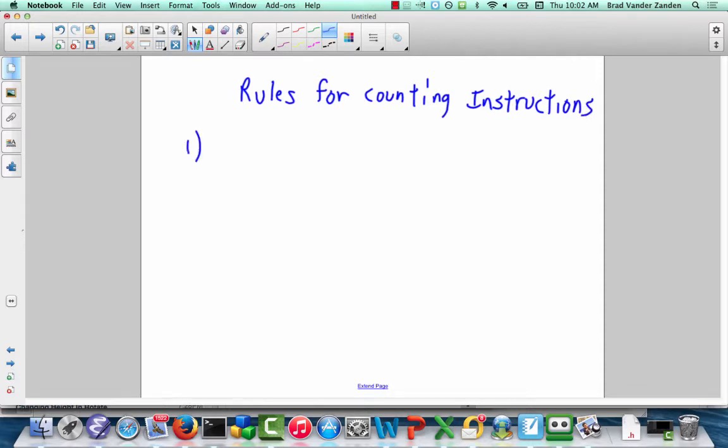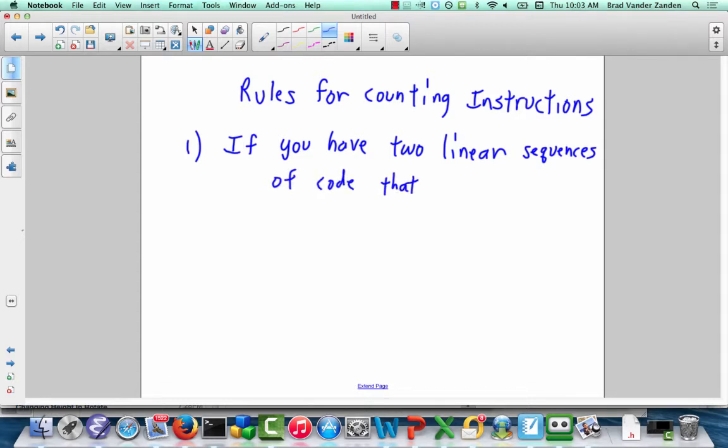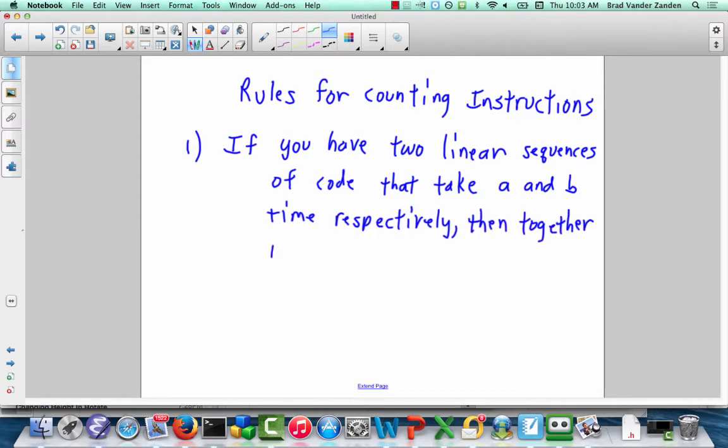So, rule 1, pretty obvious. If you have two linear sequences of code, by which we mean no control loops or anything else, that take A and B time respectively, then together they take A plus B time.